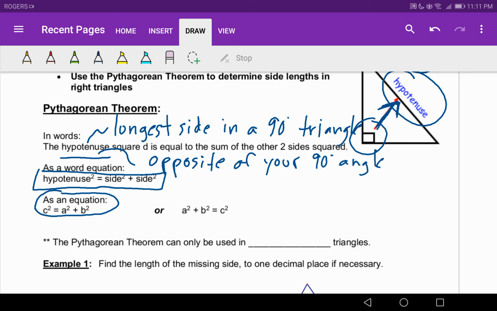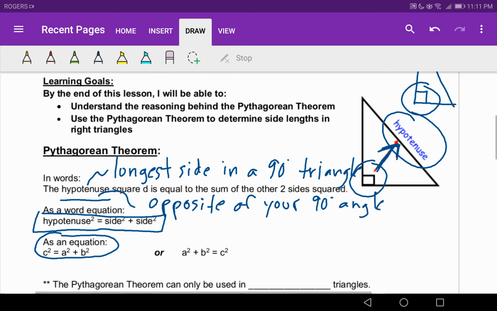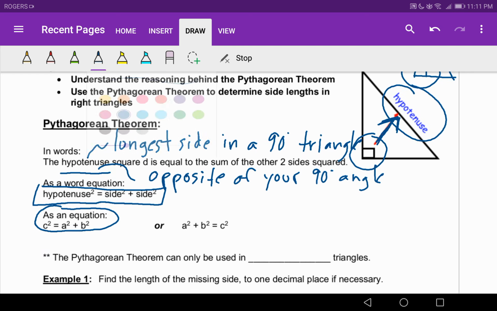This is why you have to be able to identify the hypotenuse. In any right angle triangle, which I'm going to draw now, your c has to be where the hypotenuse is.